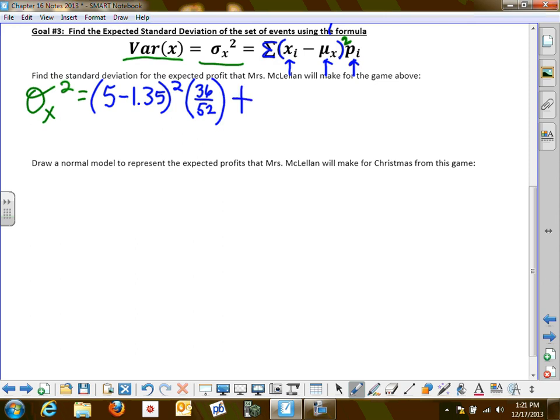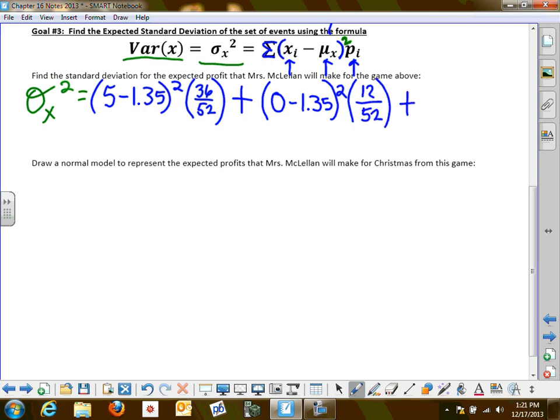Plus the next thing. Okay, so the next one, my profit was breaking even, so that was 0, minus the mean of $1.35, quantity squared, times the probability of that event, which was when you get any other heart, 12 out of 52.